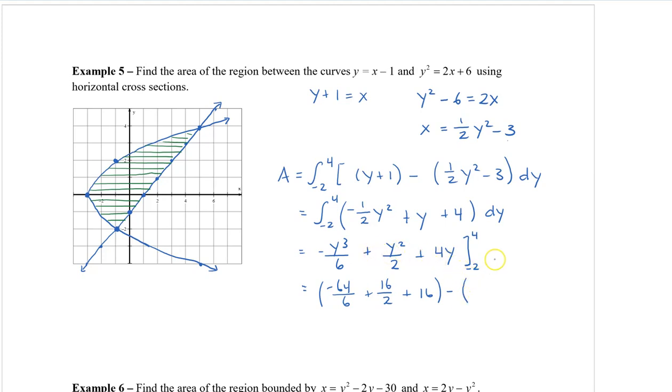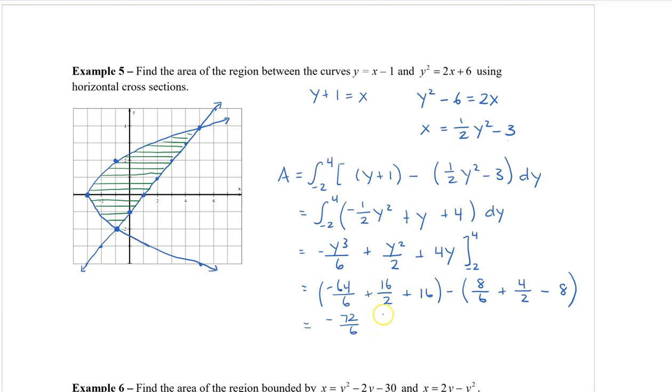So we have a negative, so it's going to be positive, so 8 over 6 plus 4 over 2, and then minus 8. All right, so we get -64 minus 8, so that's going to be -72 over 6, which is -12.